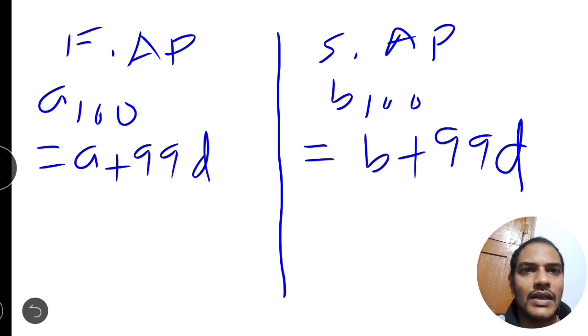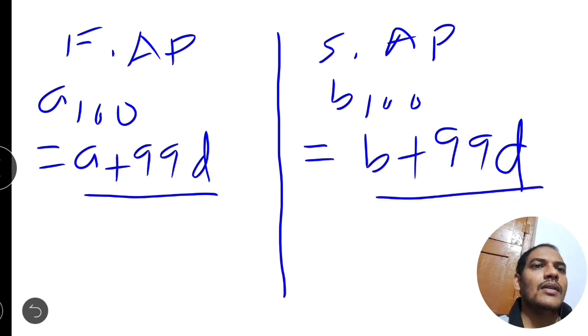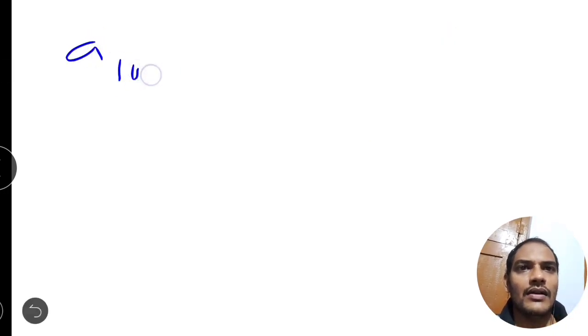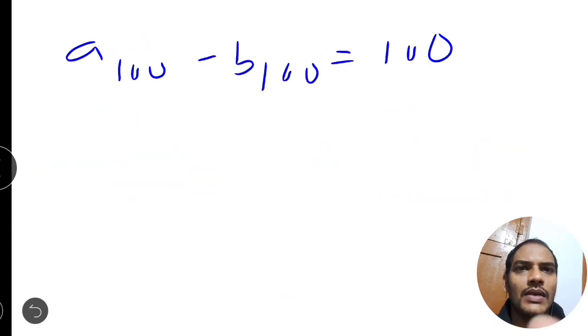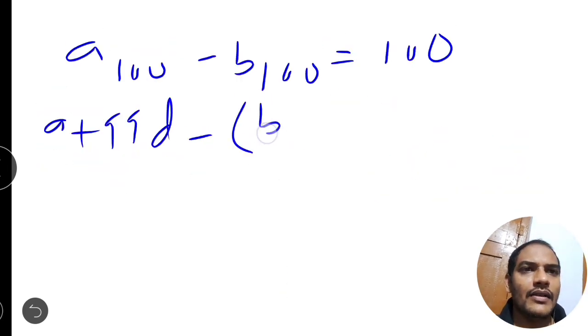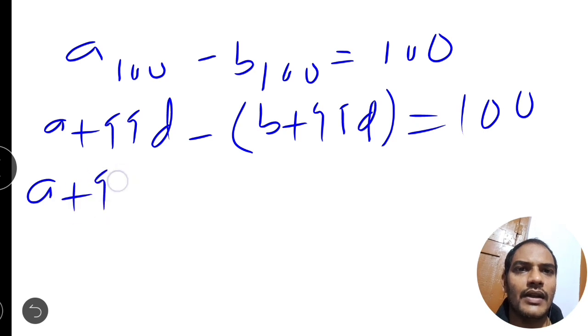So A100 is A plus 99D in the first AP, and B plus 99D is the 100th term in the second AP. Now their difference is 100. So A100 minus B100 equals 100. A plus 99D minus, take the bracket, B plus 99D equals 100.